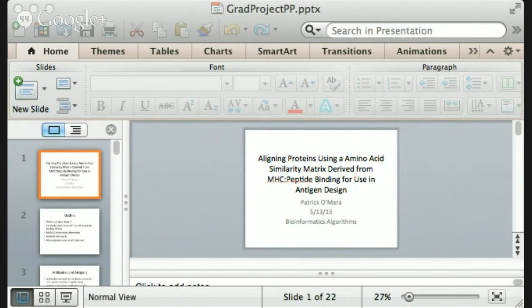So conclusions, to reiterate what I had said before: I could not conclude that the MHC matrix was better than either of the other 2 matrices based on my parameters.